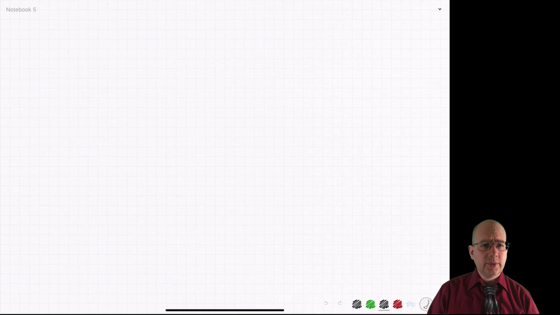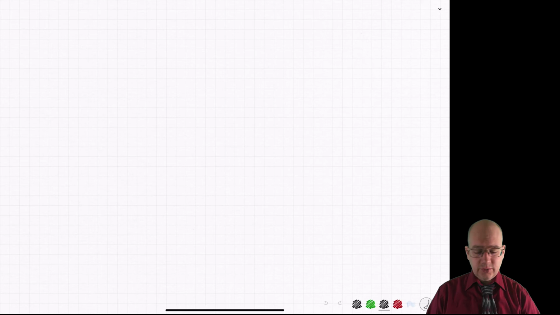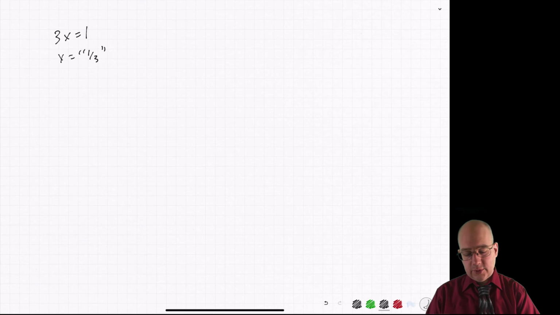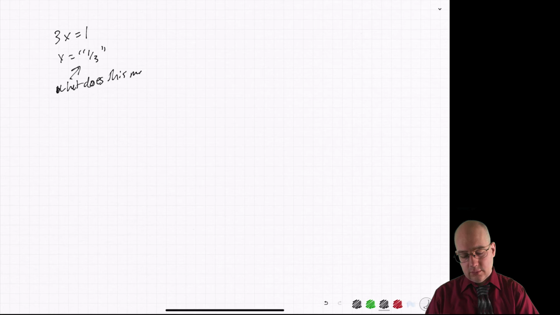So what are the rational numbers trying to do? Rational numbers are trying to undo multiplication, right? So 3x equals 1. We want to be able to say that x is 1/3, right? So what does this mean? And so in general, we're trying to solve mx equals 1, or x equals 1 over m.